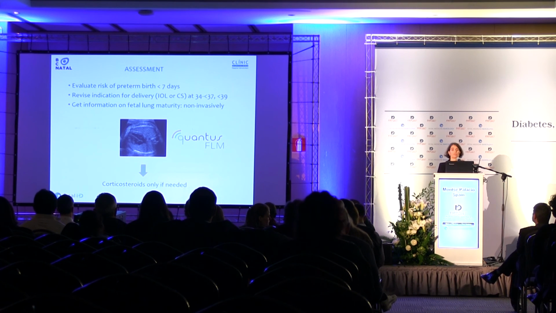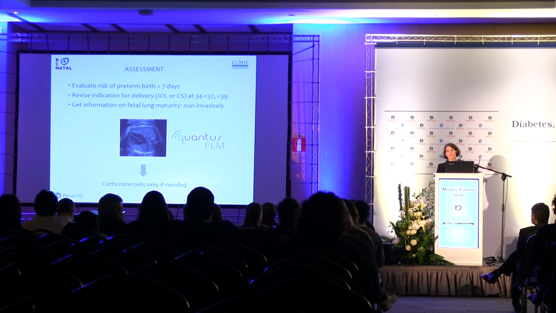So for the assessment of the risk of morbidity, what you can do is to evaluate the risk of the preterm birth in a short term, within 7 days. Revise the indication for delivery, either induction of labor or cesarean section between 34 and less than 37 weeks, or elective cesarean section below 39 weeks, and be sure that you cannot or you should not prolong the pregnancy.